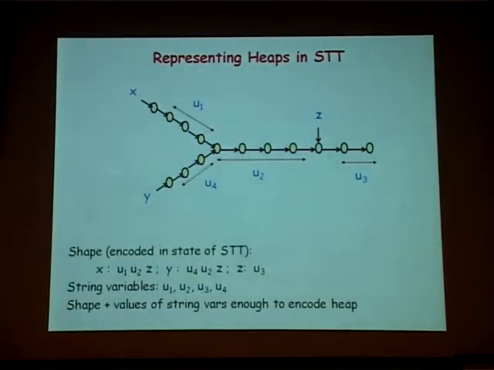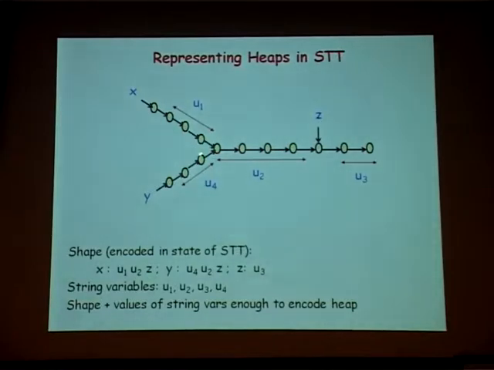What it does is abstract this content in string variables. I have some interesting nodes, which are the nodes that these pointers directly point to, like x, y, and z. This node is also interesting because it has 2 predecessors. But the sequence of these 3 cells is not really important anymore, so I'm going to store this content in a variable called u1, because I cannot set x to x.next, so I cannot really traverse this.